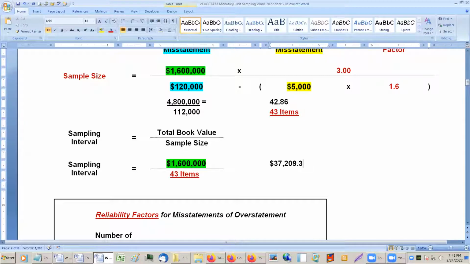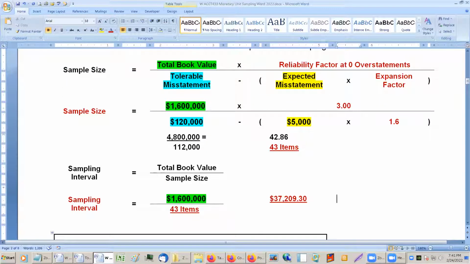You probably don't need to put the cents in there. So it'll be 43 items, and every 37,209. The first one would be 37,209, and the next one would be 74,418.60 or so.